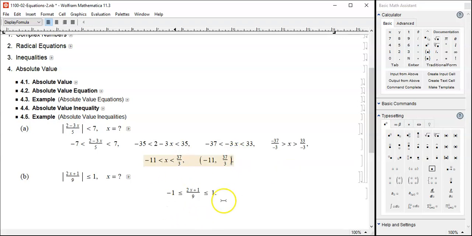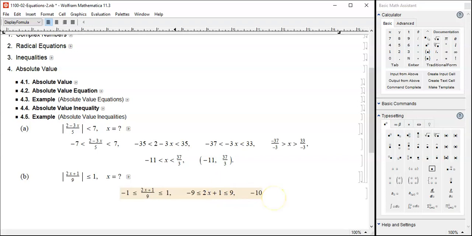Do I have time for the second problem? Chances probably not. I'll do a little bit and then I'll just call it a day. Multiply by 9. So we have no more denominator. Now subtract 1.